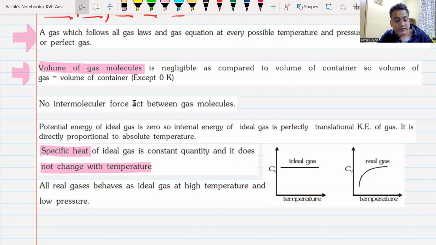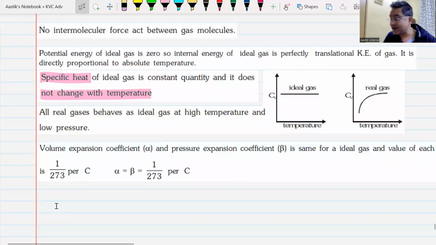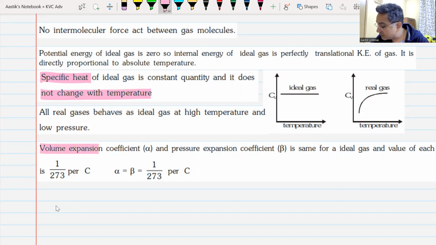Now, the expansion coefficient. We have seen the expansion coefficient for solids and liquids. For gases also we have expansion coefficient. There are two types of expansion coefficient for gas. One is known as volume expansion coefficient alpha.